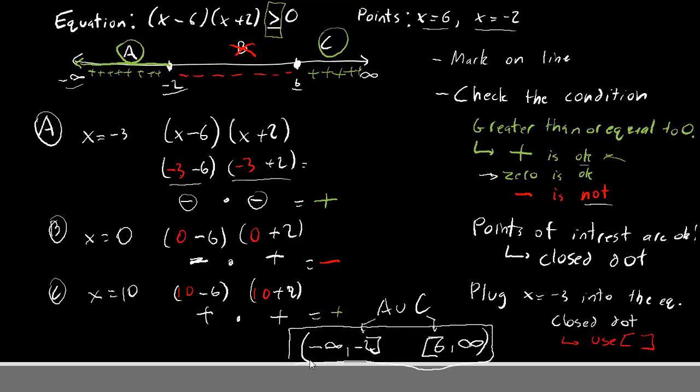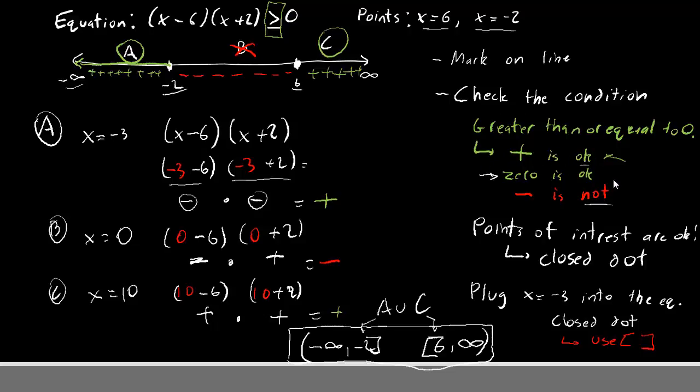Alright, so just to recap what we've done. After we found the points of interest, our procedure is going to change depending on what inequality sign we have here. It's very important to check your conditions to see what is part of the solution and is not part of the solution.